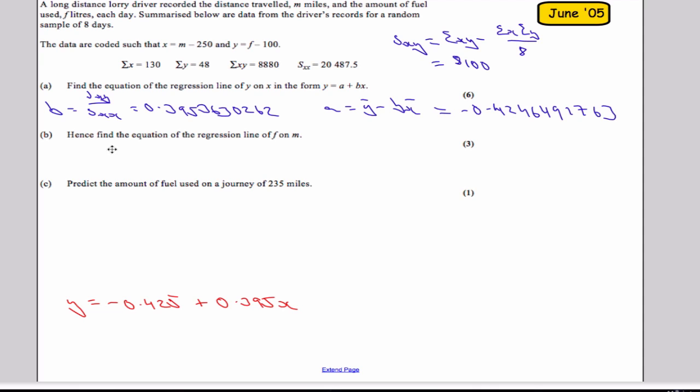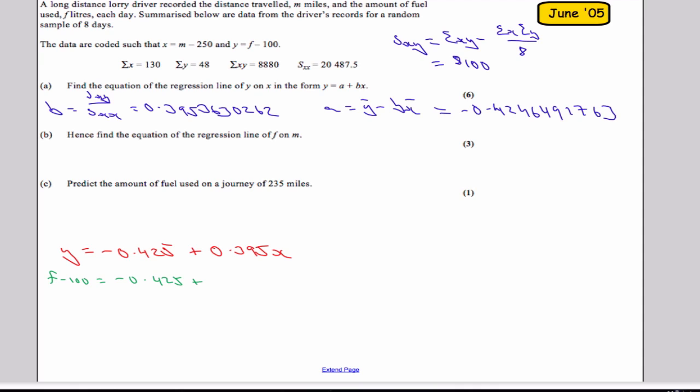Next part now is to hence find the equation of the regression line of f on m, and we're given the coding here. So wherever I have an x, I'm going to replace it with m minus 250, and wherever I have a y, I'm going to replace it with f minus 100. So instead of y, I'm going to put f minus 100 equals minus 0.425 plus 0.395 times x, and x is the same as m minus 250.